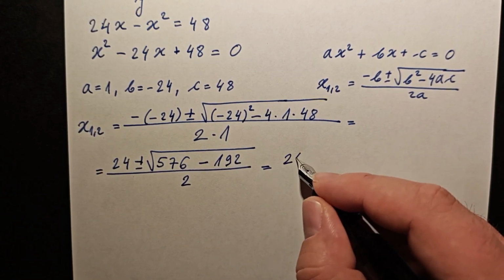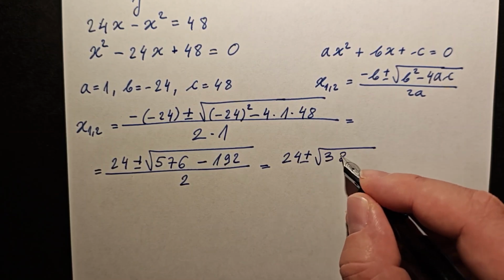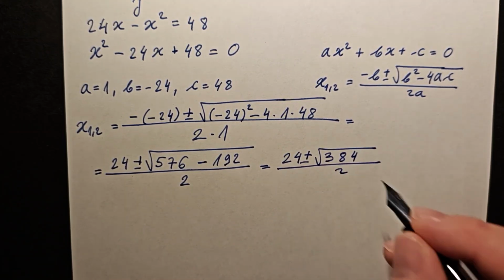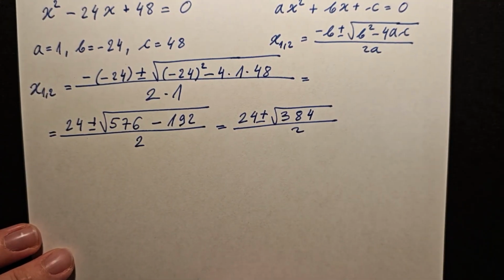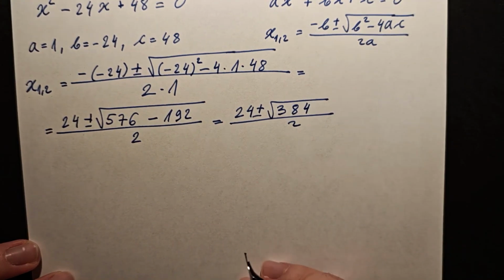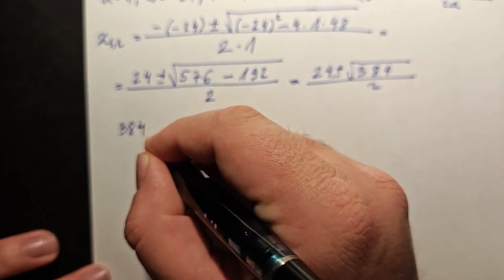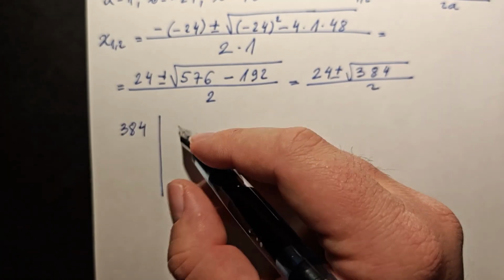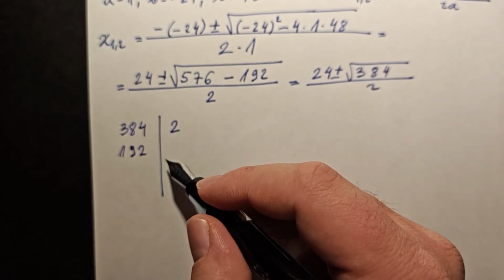So this is 24 plus or minus the square root of 384 divided by 2. The problem now is this number 384, which we have to find the square root of. So let's analyze this number 384. It is divided by 2 and we have 192.